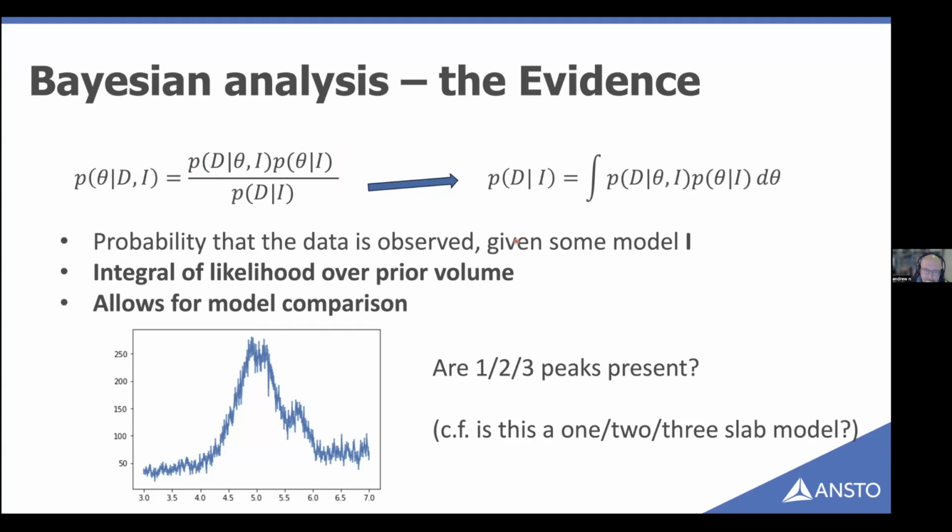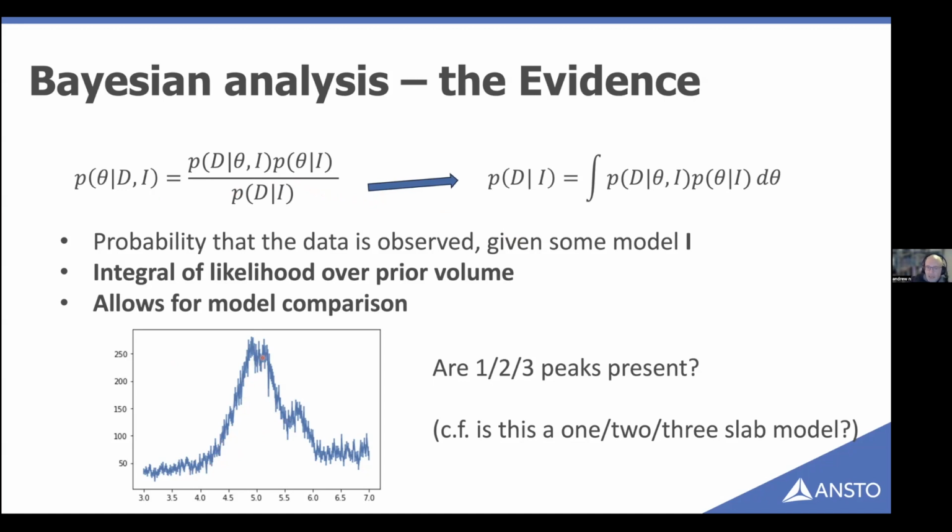And the important thing for us is that knowledge of this evidence allows you to compare two different models. So why is model comparison important? Well, it allows you to choose in a system where you might have several competing models. Here in the graph on the bottom left-hand side, we have some simulated data.